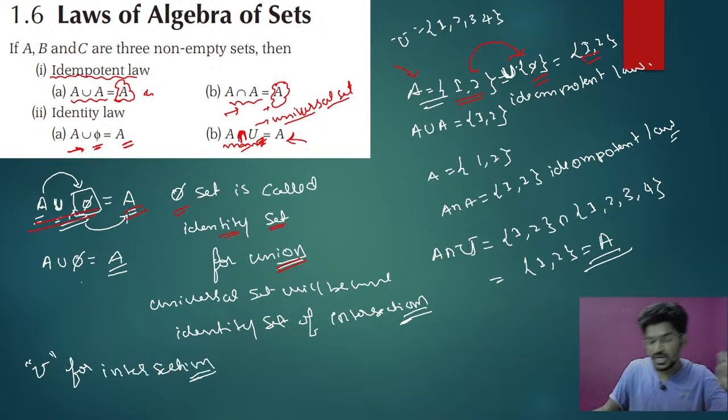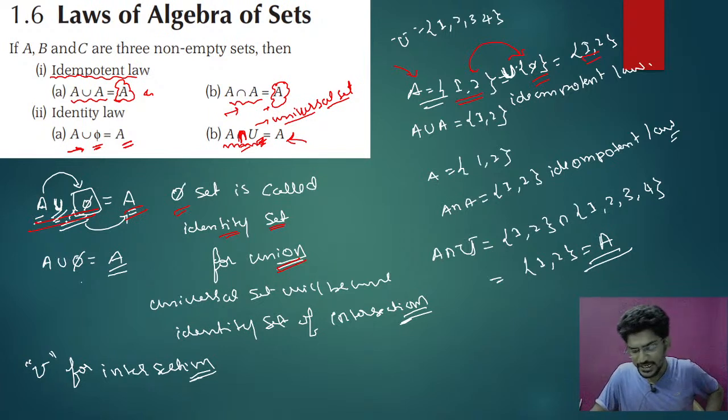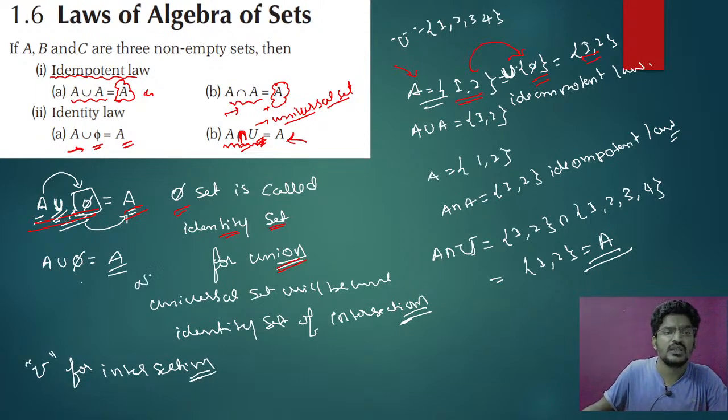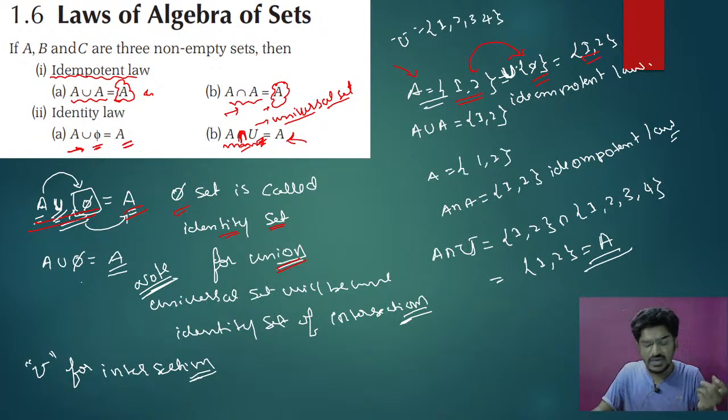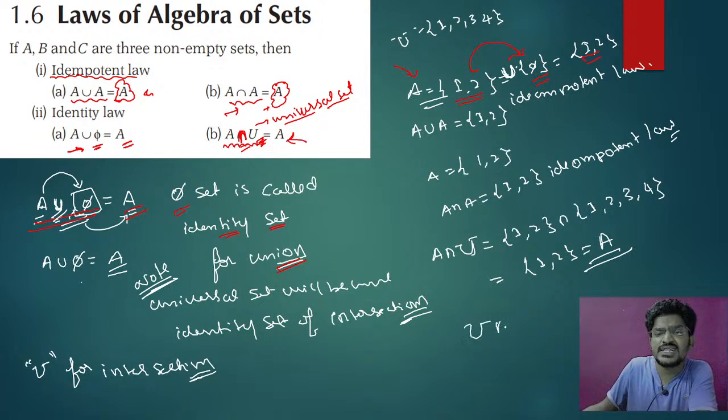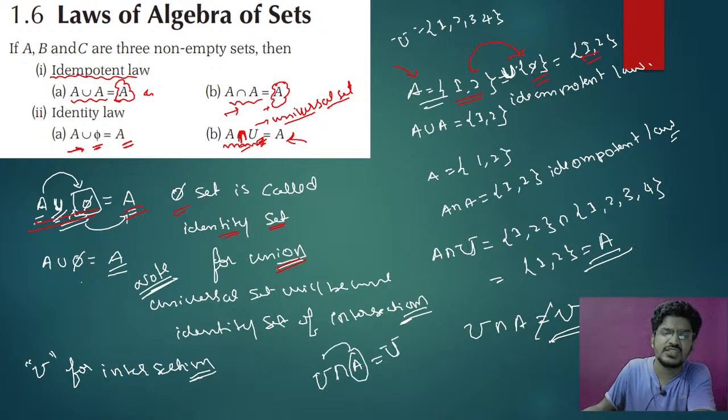Please remember, the empty set will become the identity set for union. Please remember this note, very important. Empty is for union, universal set is for intersection. If you get universal set intersection A equal to universal set, A is nothing but your universal set.